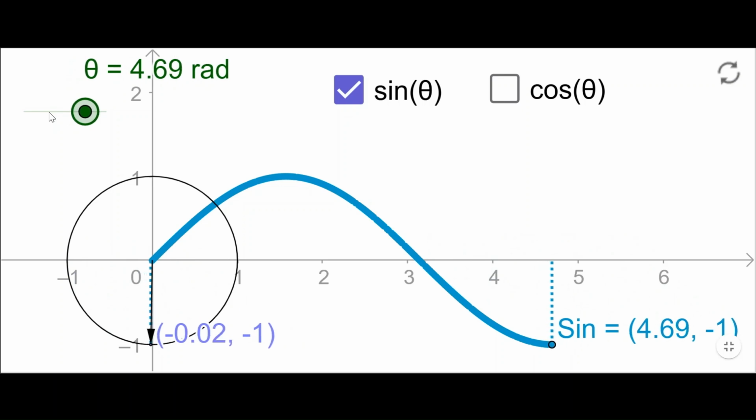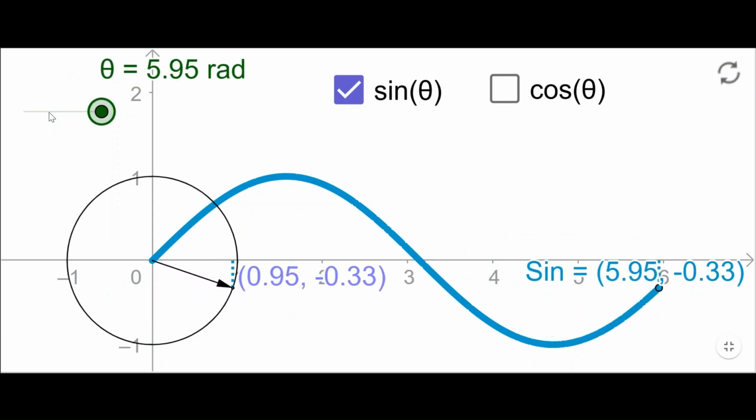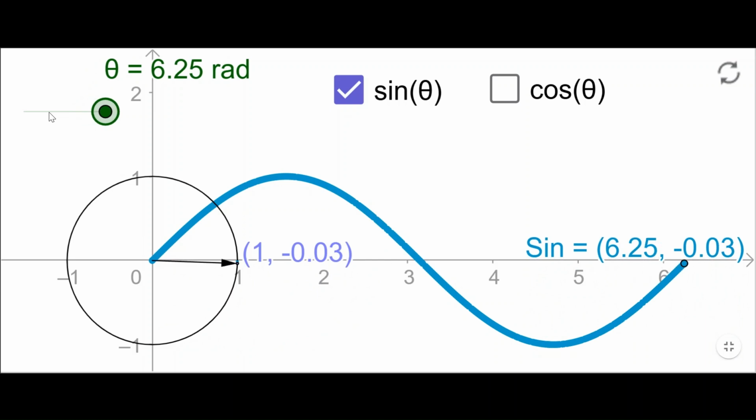It's going to take about 3 pi over 2, so about 4.71 radians, and it'll be down at the bottom of the circle, which is the bottom of this sine graph. Then we continue rotating around the circle and end up at 6.28, so 2 pi, and that is again back to 0.